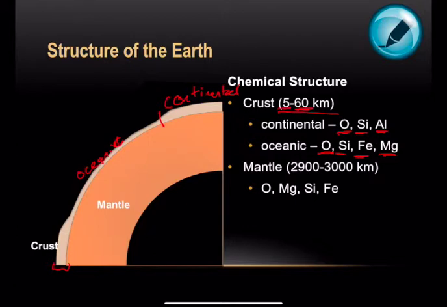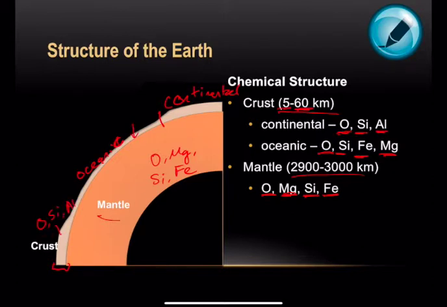The next layer down is between 2,900 and 3,000 kilometers thick. And we've got similar elements, but a different order. So now oxygen is still the most abundant, then magnesium is the second most abundant, then silicon, then iron. So that's the chemistry of the mantle. And then this one's going to be oxygen, silicon, and aluminum.